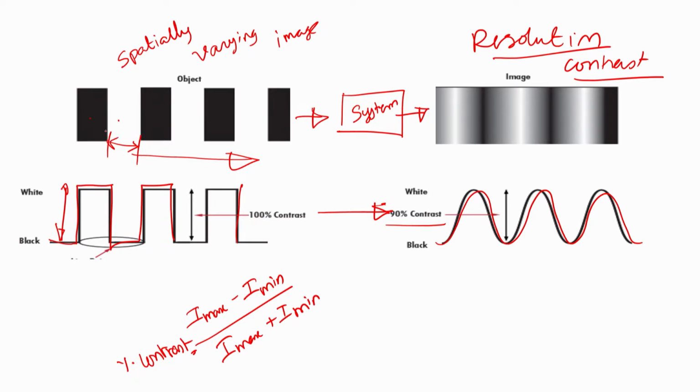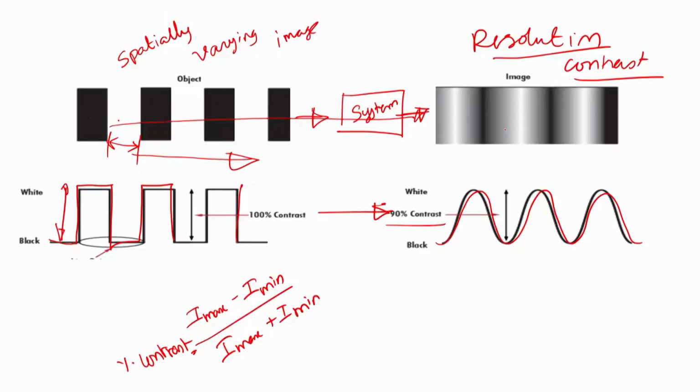Suppose we give this image as an input to the system, can the output be resolved into two separate lines, or what is the highest frequency which can be resolved into two different lines in the output? That is the resolution. You can see that this resolution, determined from the output image, is limited by this contrast.